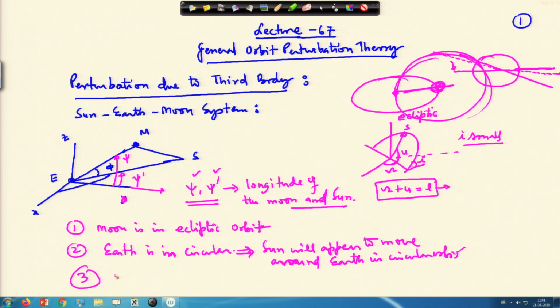And the third assumption we make is that the moon acts like a point mass.